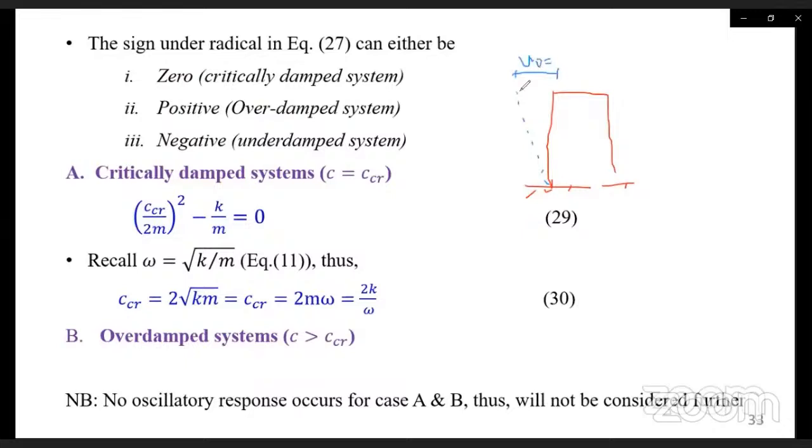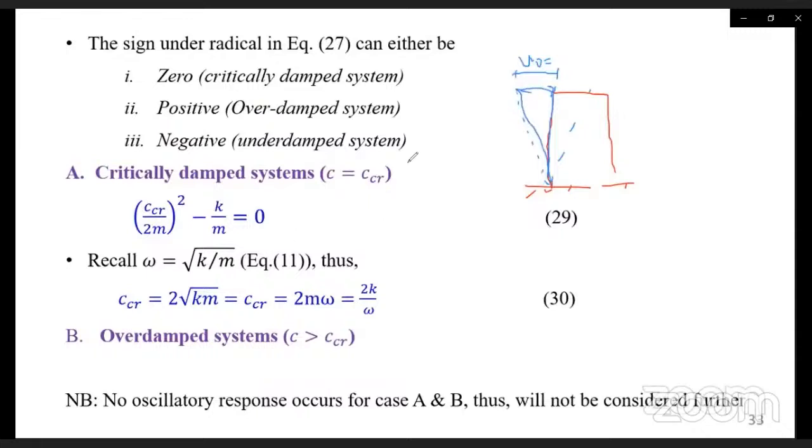Once displaced, we release. We expected our motion to occur to and fro. But if it's critically damped, this structure will just come to rest there and stop. If it's overdamped, you might even realize that there is no motion at all, even when we displace it.